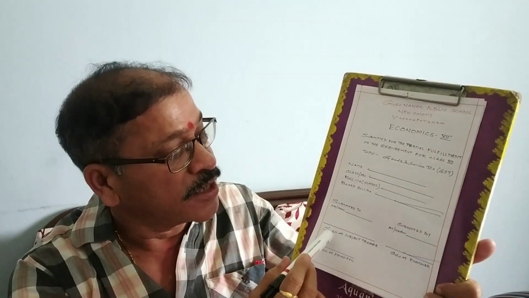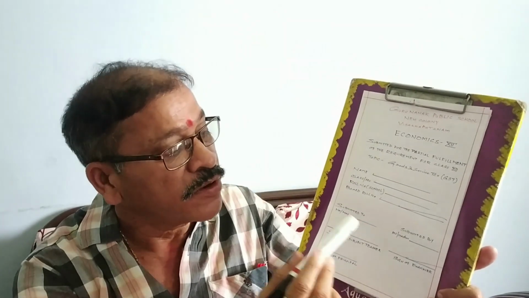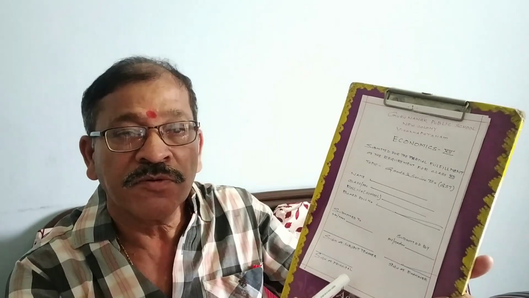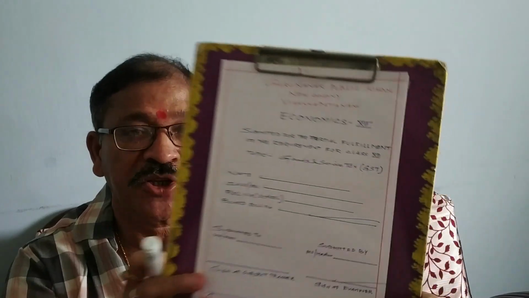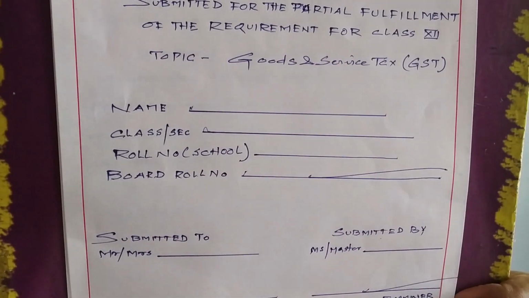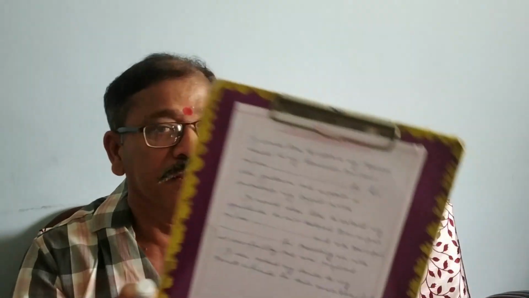After that you will write your name, class, section, roll number of your school, then board roll number, then the subject teacher to whom you are submitting, and your name as submitted by, then signature of subject teacher, signature of examiner, signature of principal. This is the first page. Now let us go to the second page. This is the second page.